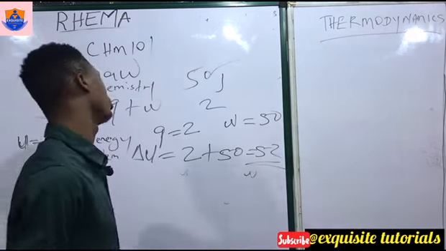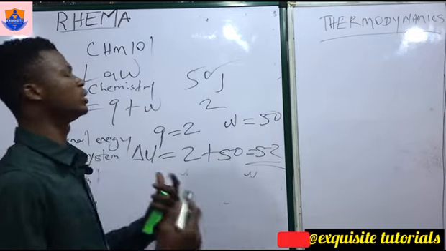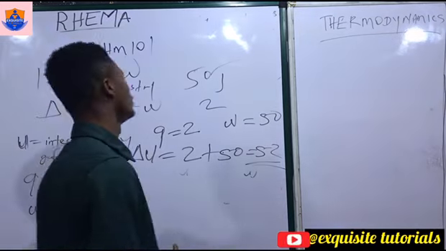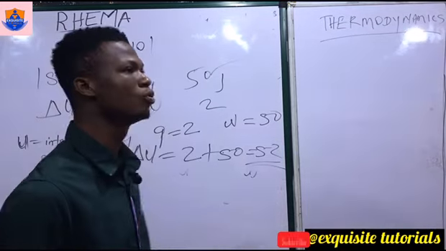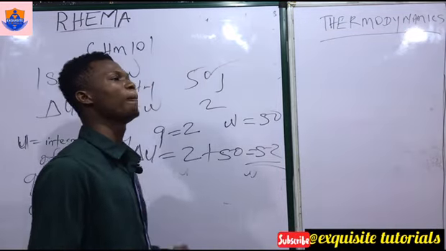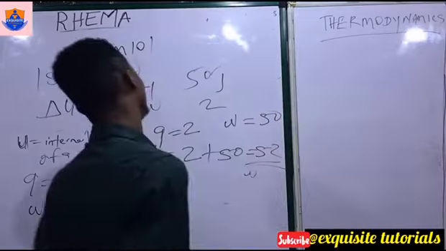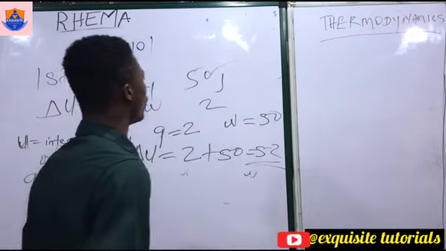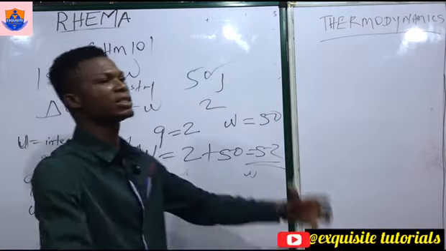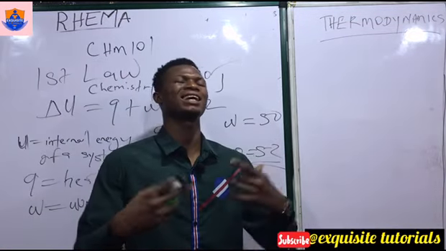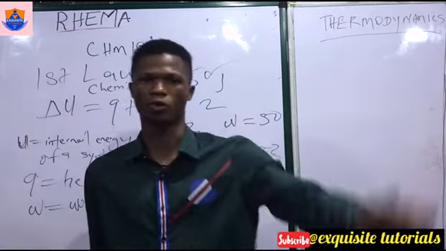And let's say, for example, you are still asked, what is the internal energy of a substance whose work is done by the system? Now, let's explain this. When work is done by a system, it means the system is giving out energy to the surrounding.